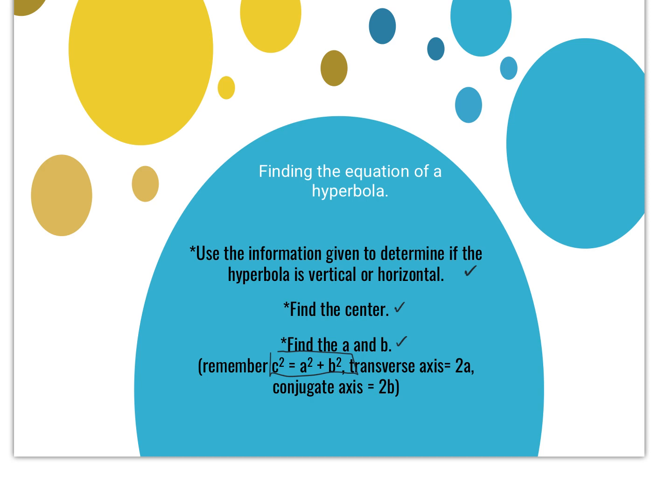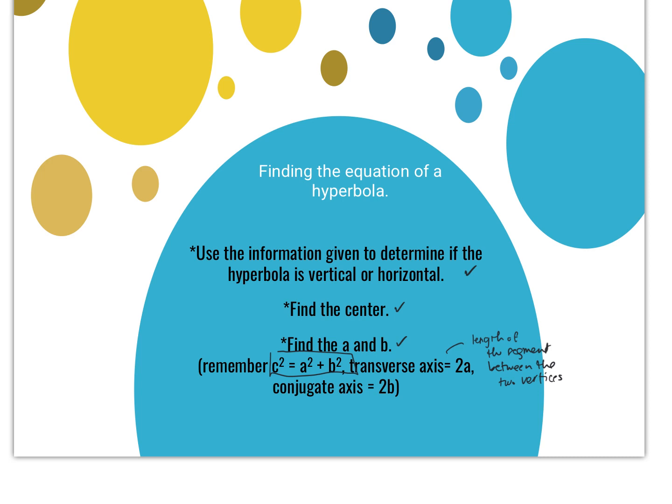We know that the transverse axis is 2 times A. Remember, that's the length of the segment between the two vertices. The conjugate axis is 2B, not worried about that one.